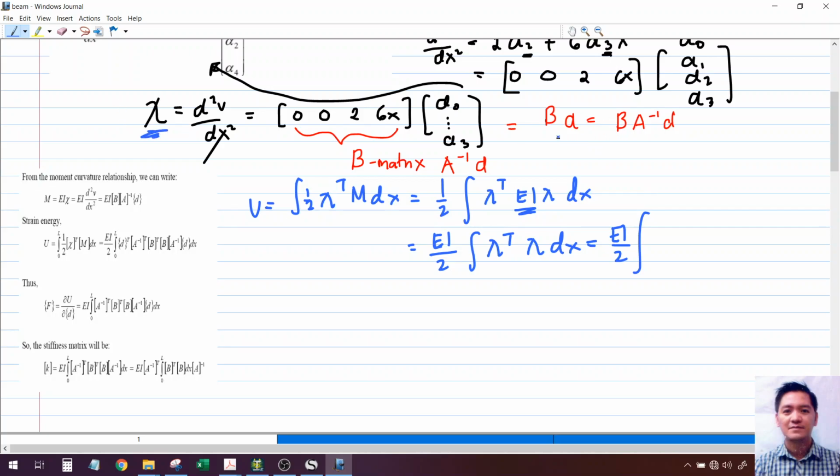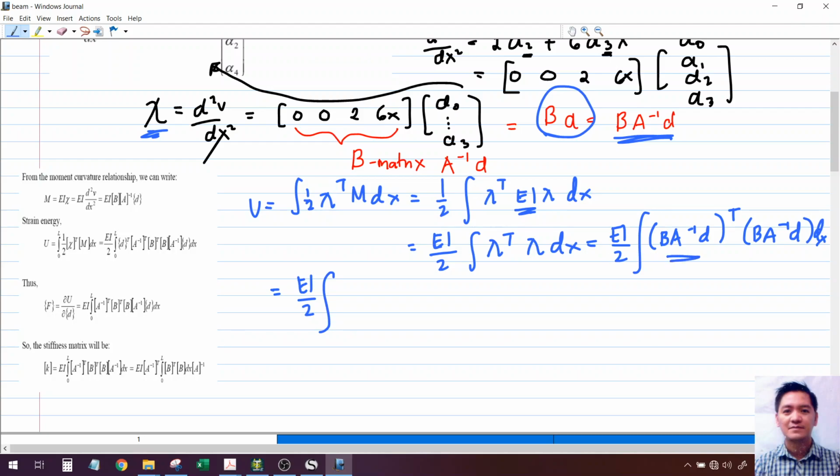B alpha or B A inverse D. So, lagyan ko muna ng bracket. B A inverse D, transpose of that, and then B A inverse D dx. So, EI over 2 integral of.